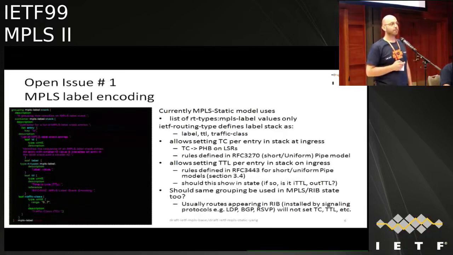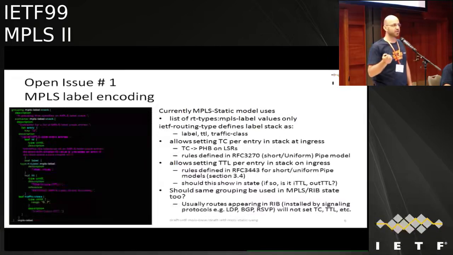Lou Berger, clarifying question. Is TC included or excluded right now? Right now in the static model at configuration time, we're not allowing TC. What if you're trying to configure an SR stack? Wouldn't you want to have TC there? Probably for every segment you want to allow specifying different or the same traffic class. Yeah, so it's favorable. Maybe it's applicable for TC, but do we want to allow it for TTL as well?